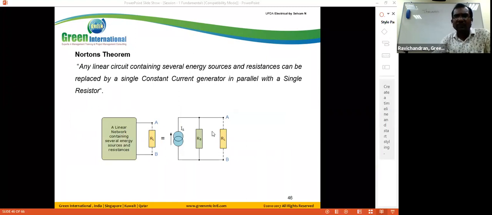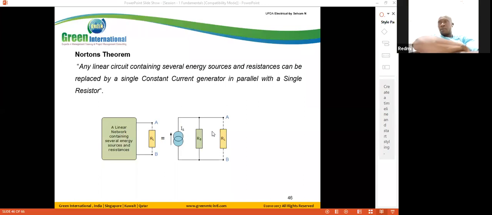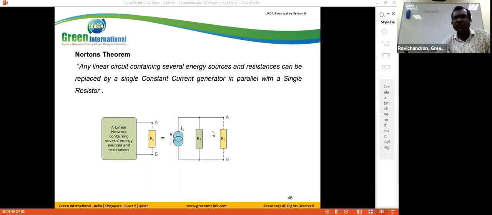Now we switch over to the next theorem, Norton's theorem. It is similar to Thevenin's theorem. The only difference is that in Thevenin's theorem, we use the voltage source. In Norton's theorem, we use the current source.